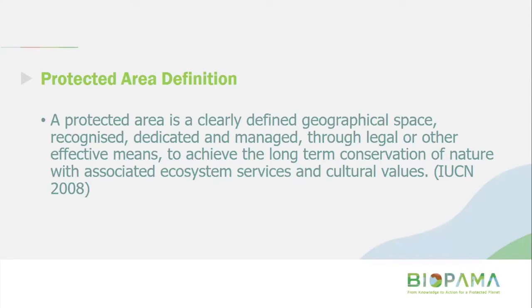An area that is contributing to conservation but does not meet this definition is not a protected area, but we now consider it a conserved area, which also accounts for conservation of biodiversity and ecosystem services, both valid mechanisms.